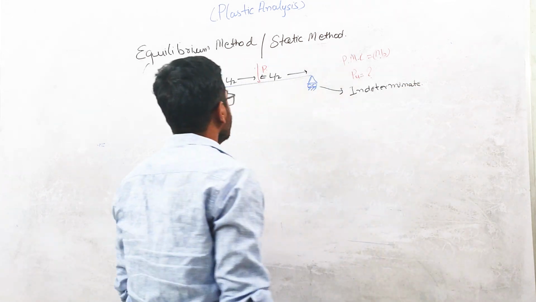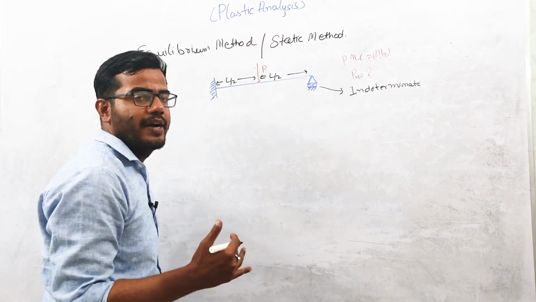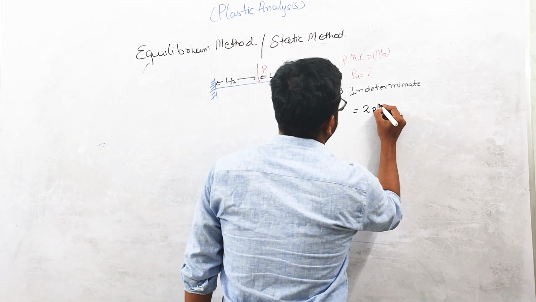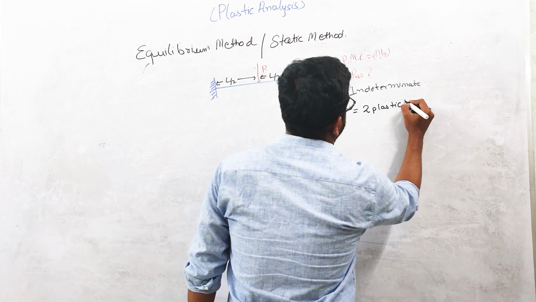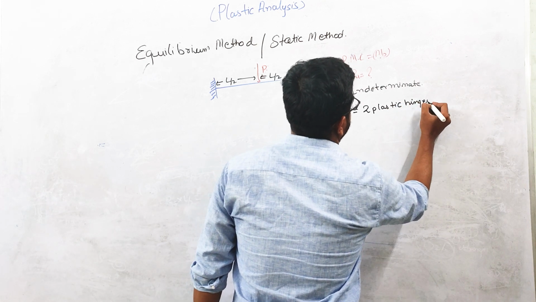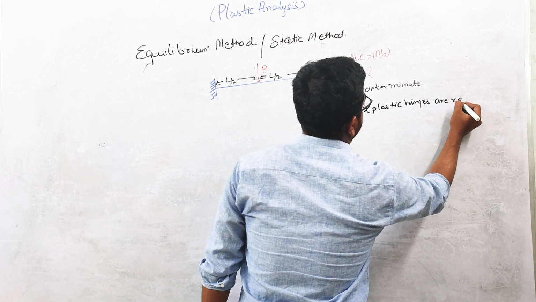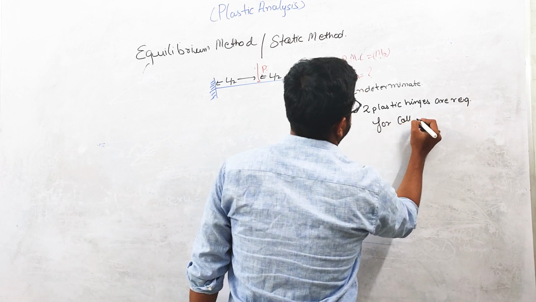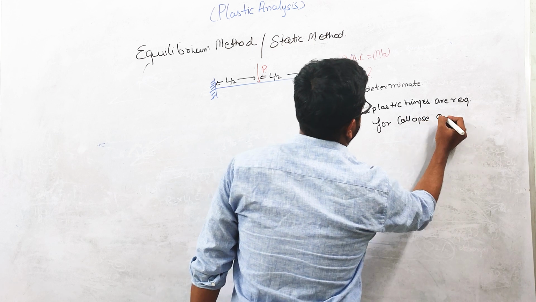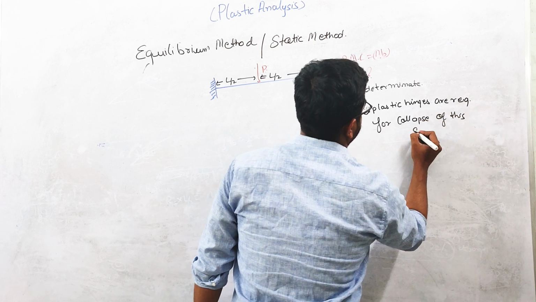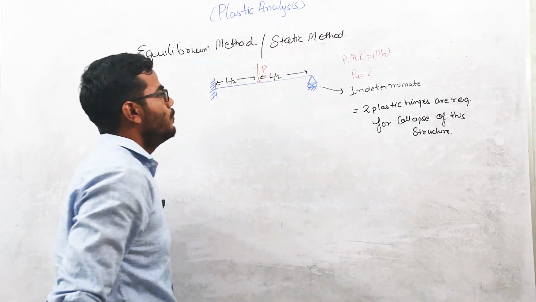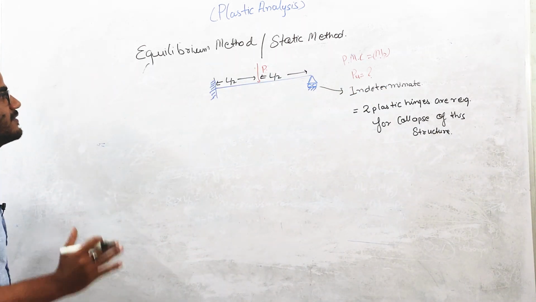So how many plastic hinges are required for the collapse of this structure? Basically 2 plastic hinges are required for the collapse of this structure.